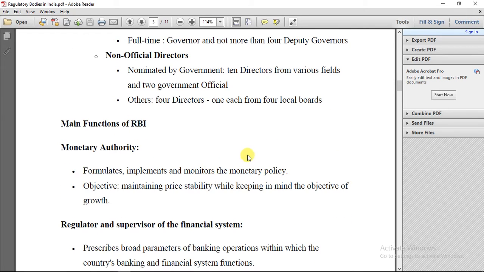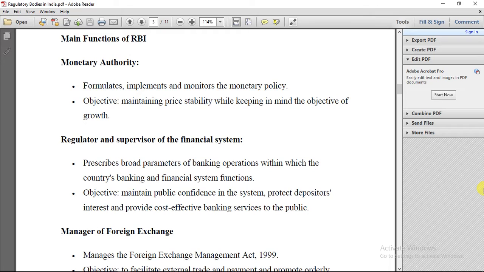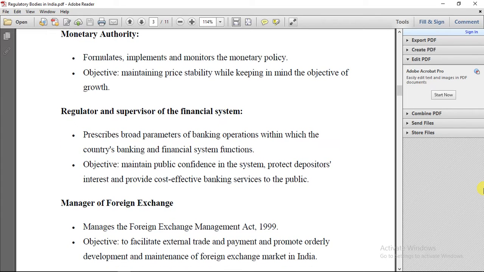So the main functions of Reserve Bank of India. Number 1 is monetary authority. It formulates, implements and monitors the monetary policy and maintaining price stability while keeping in mind the objective of growth. So this is the basic function of RBI. Now next one is regulator and supervisor of the financial system.